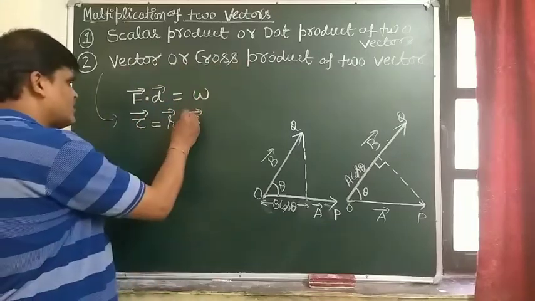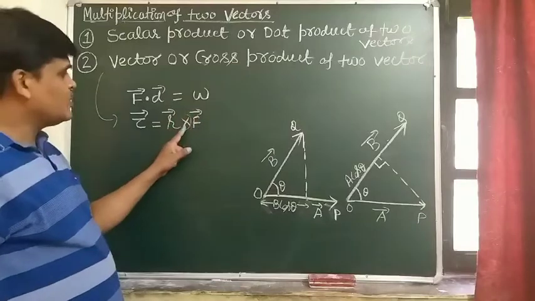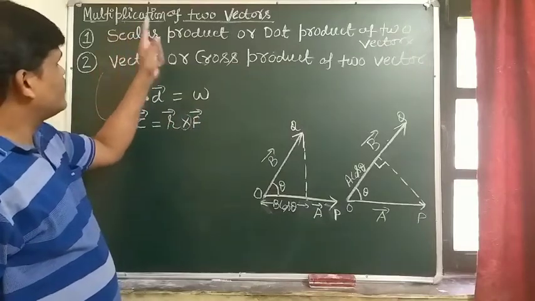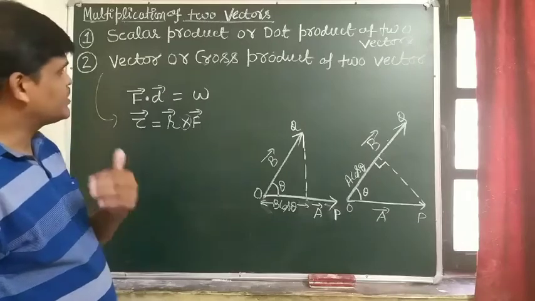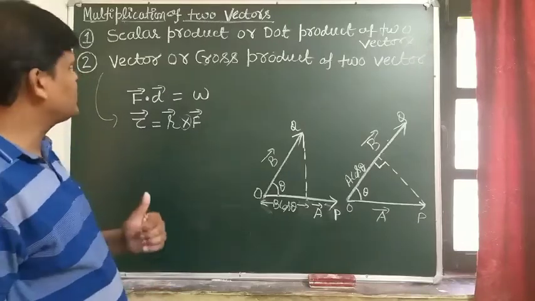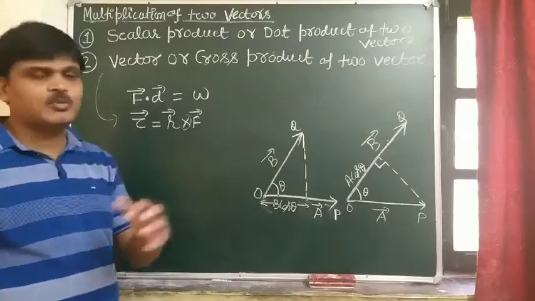So vectors can be multiplied in two ways, scalar product or dot product of two vectors, or vector or cross product of two vectors.